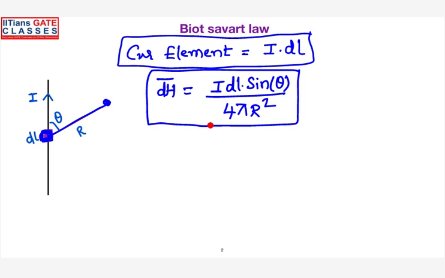So can you tell me what is the unit of this magnetic field intensity? Please reply in the chat box. What will be the units of magnetic field intensity? You can see this here only.